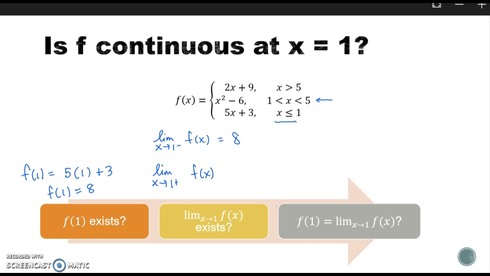And then this middle part is where the x coordinates are slightly bigger than 1. So that would be 1 squared minus 6, so it would be negative 5. Since these two values don't match, we don't even have to go any further because this part of the test fails. So f is not continuous at x equals 1.